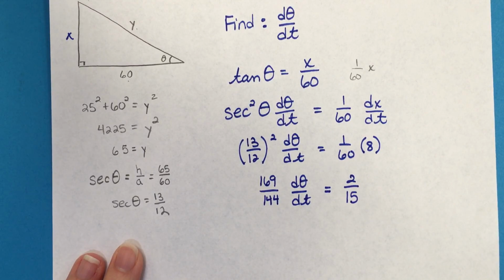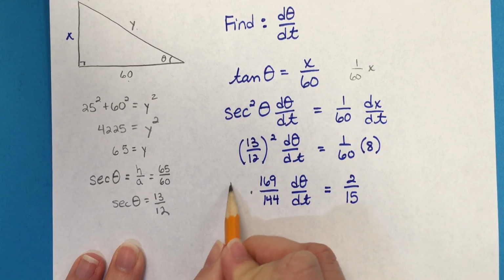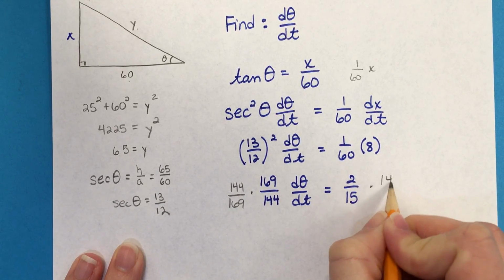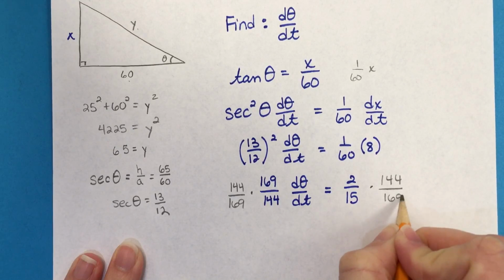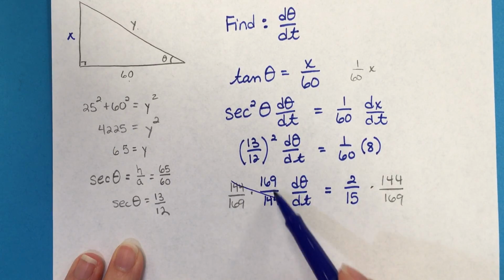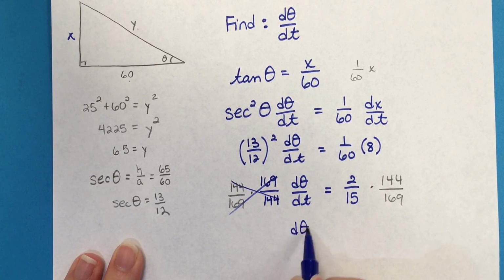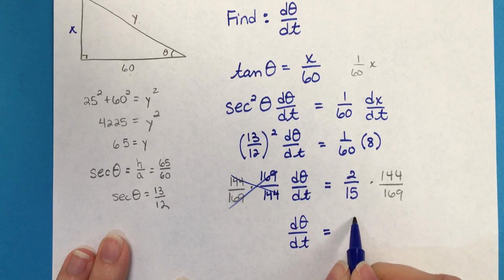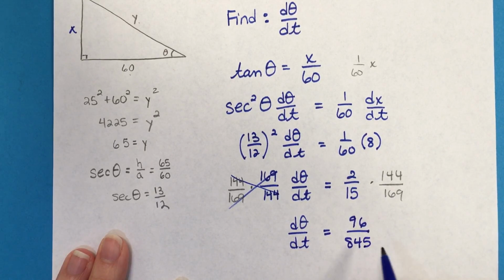And then you're going to need to multiply both sides by the reciprocal here. So d theta dt would be equal to, that's going to end up reducing to 96 over 845.